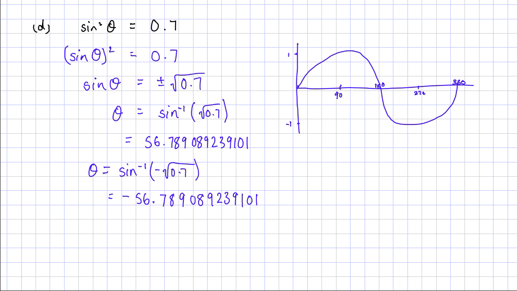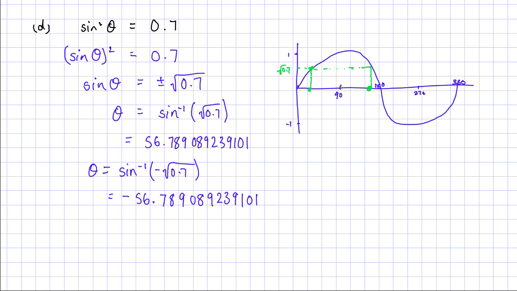Using this value I can see that two values will be suitable for my equation. So this is square root of 0.7, it's there, and there's another value here. I've got this value already and I need to find this value.